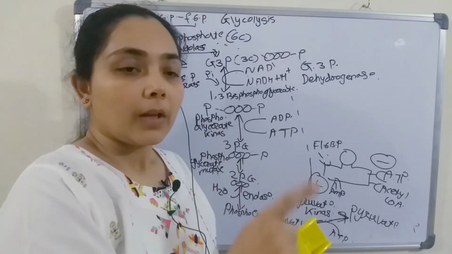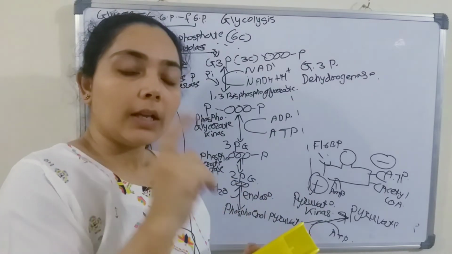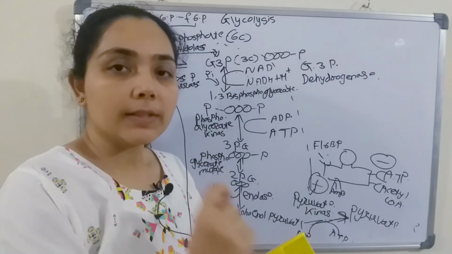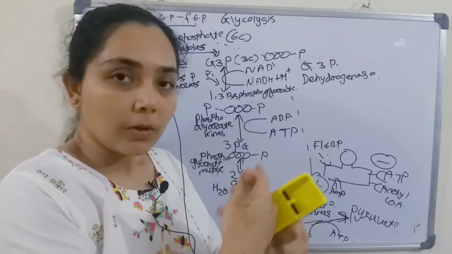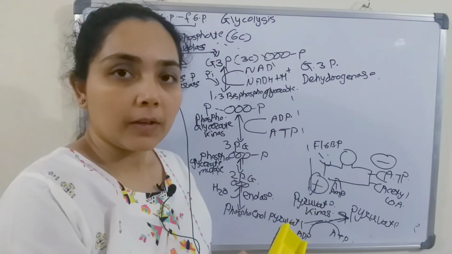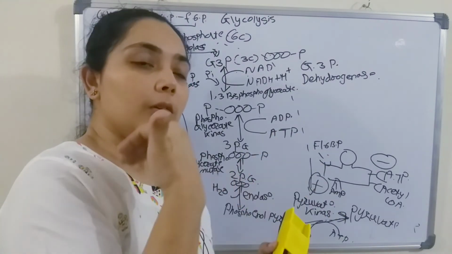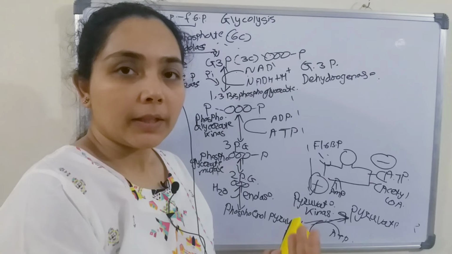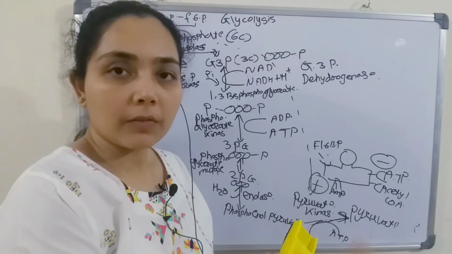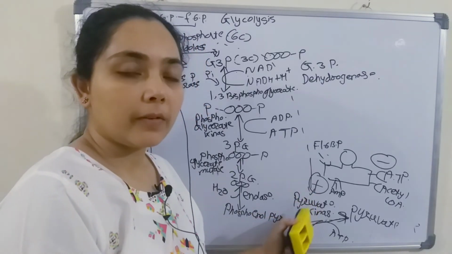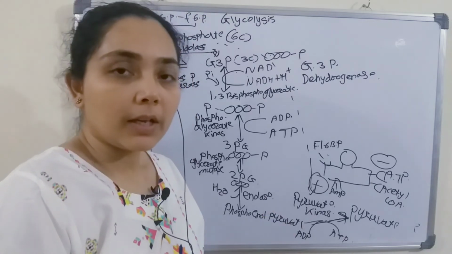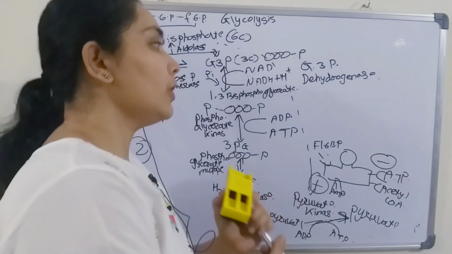As I already mentioned, this insulin will also give signals that will increase the expression of the gene. So more molecules of pyruvate kinase will be available, right? If manpower increases, definitely the efficiency of the work will also increase. Same way, if more enzymes are available, that will also enhance the rate of reaction, that is the effect of insulin.